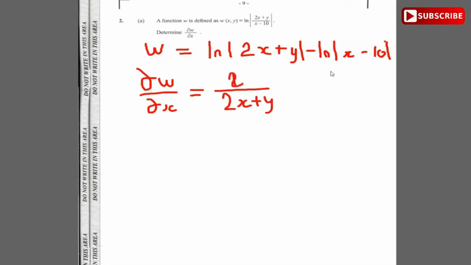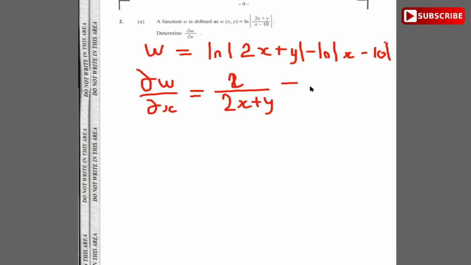Minus, when I differentiate ln of x minus 10, it's going to be 1 over x minus 10. All right, nice and easy, soft. That takes care of this question. That's ∂w/∂x.